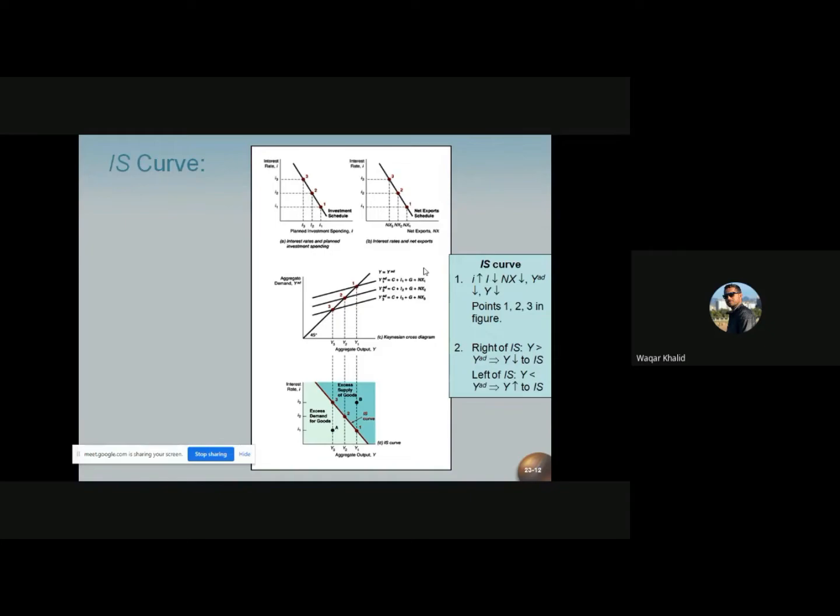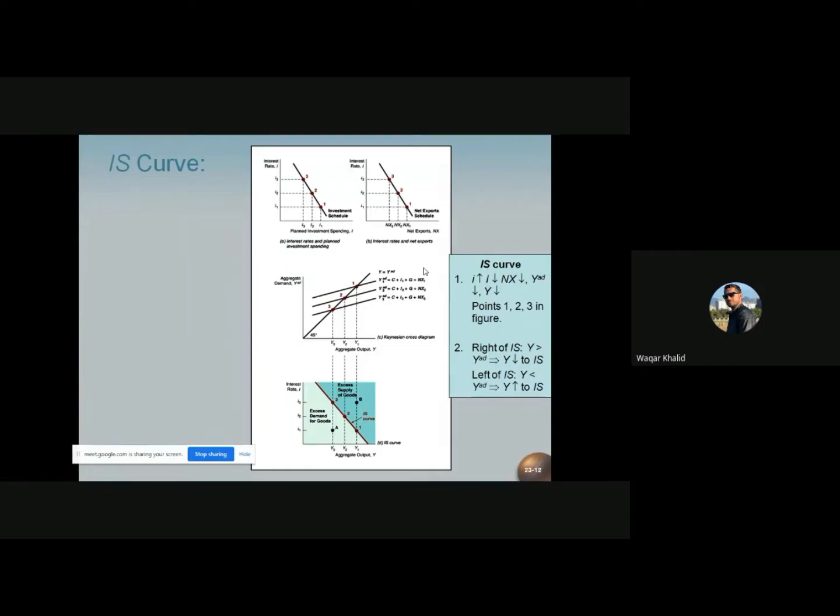Similarly, if the interest rate further increases in the United States, it means the exchange rate would be higher. So the net exports will decrease. That's why we will move from point 2 to point 3, and now our net exports will be NX3.